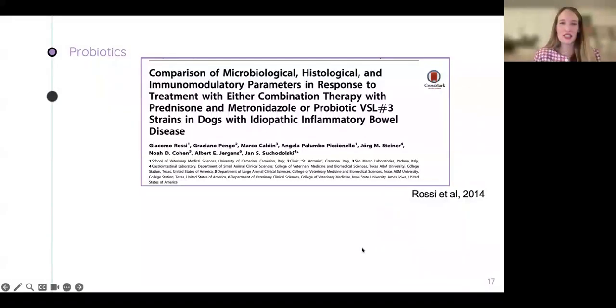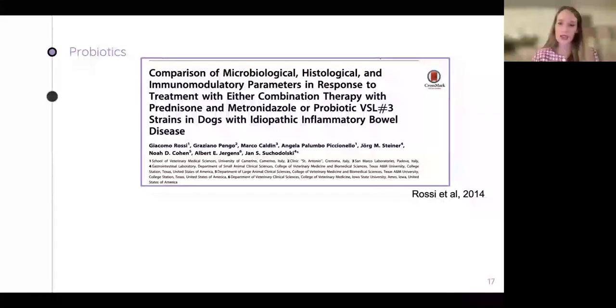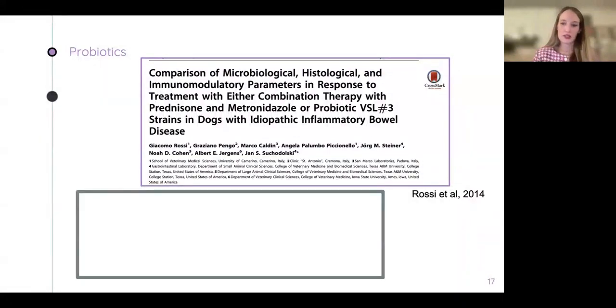Something that is proven in this study, they used a multi-strain probiotic known as BSL-3, or sometimes it is called Vivomix or some other commercial names. So it is quite heavily concentrated.